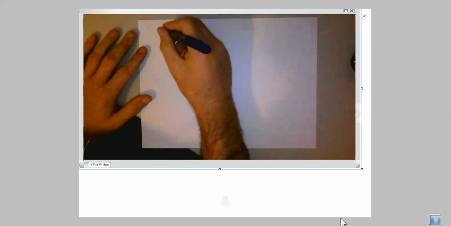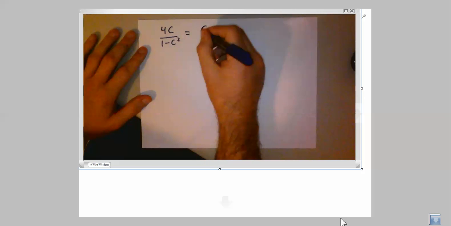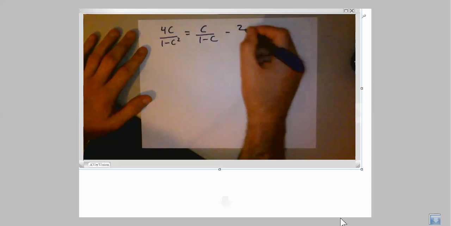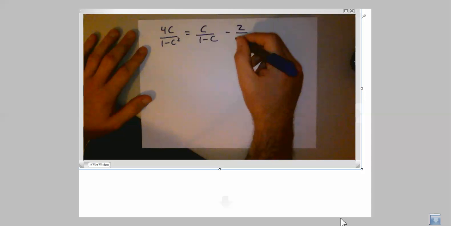So we have the original expression, which is 4c divided by 1 minus c squared is equal to c divided by 1 minus c minus 2 divided by 1 plus c.